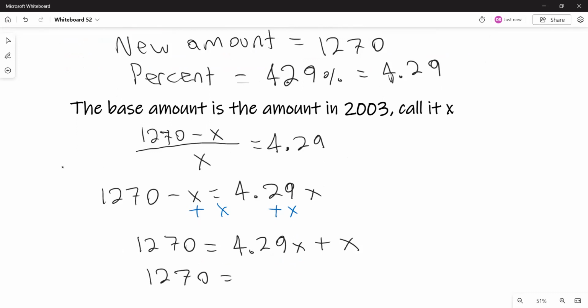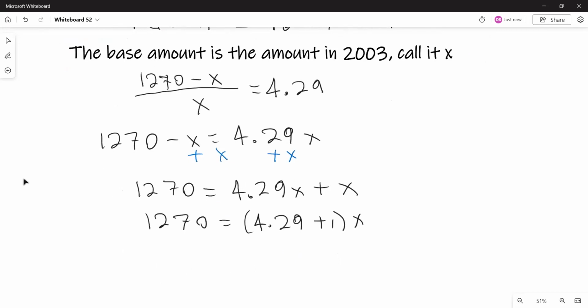Distributive property: this is 4.29 plus 1 times X, or 5.29X. And X is 1,270 over 5.29.